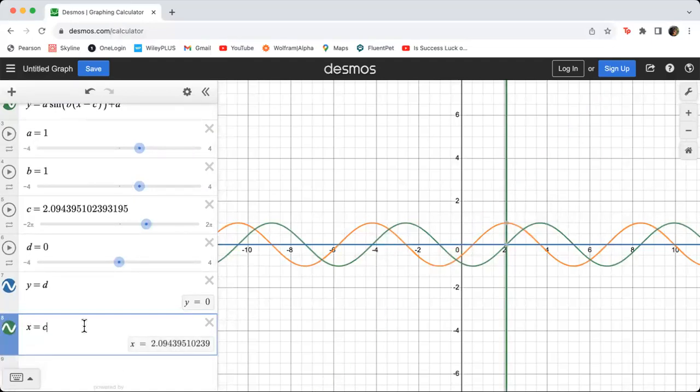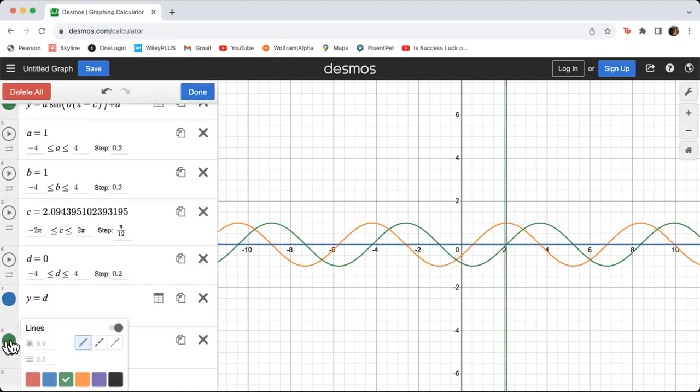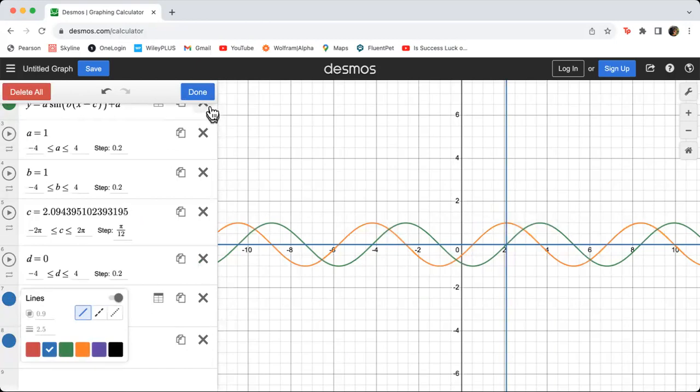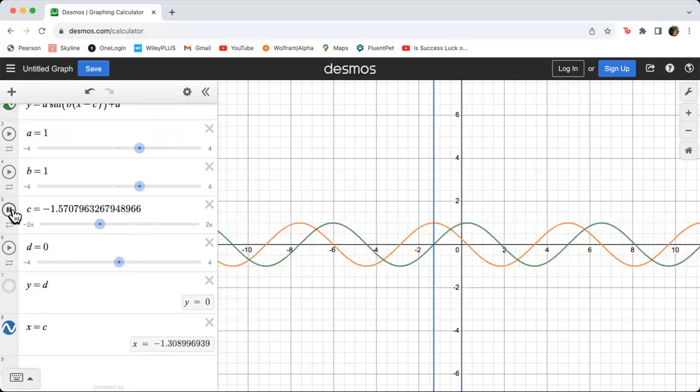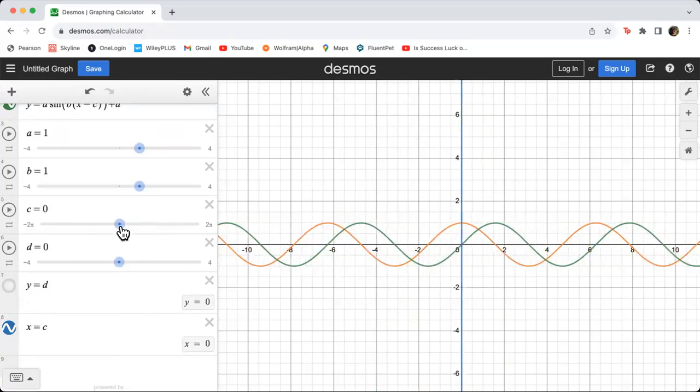Let's put a vertical line. Turn the middle off. Let's put a vertical line along with C. When C is 0, the vertical line is at 0. But when C goes into motion, that 0 line starts to move back and forth.